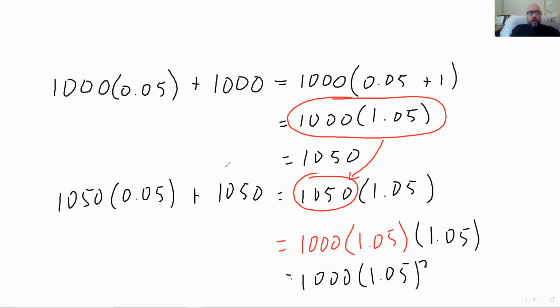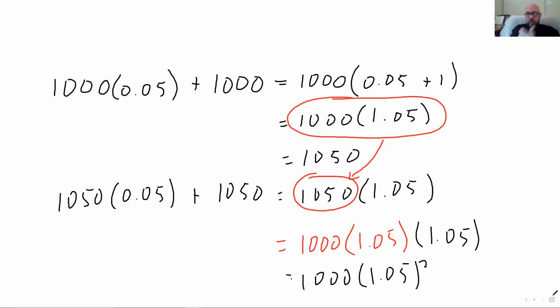So every time I want to add 5% to whatever amount I had, that's the same as multiplying by 1 plus 5%. That's where the exponential part comes in.